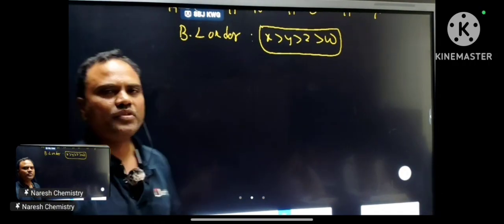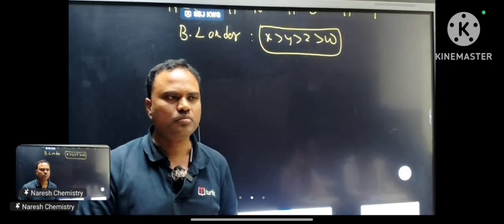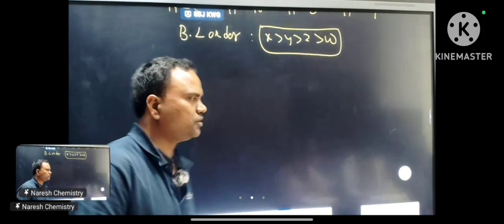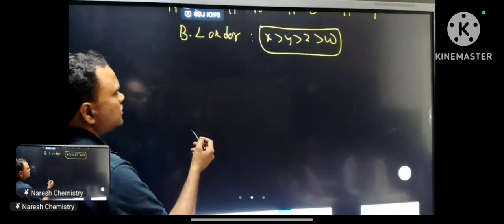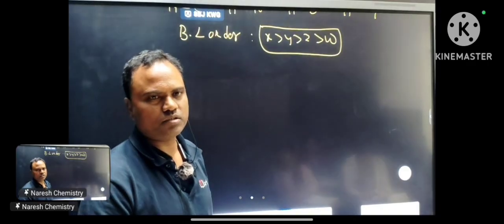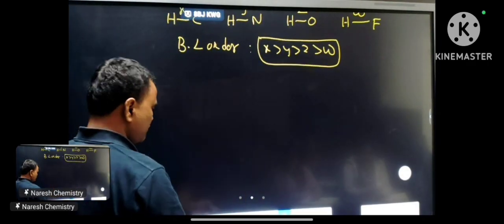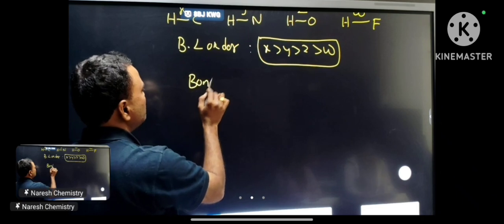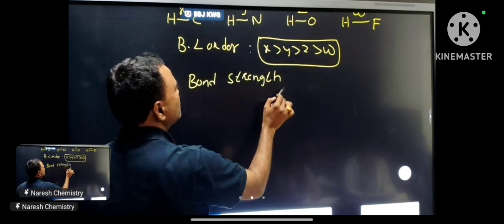Next, based on bond length, we can discuss another parameter, bond strength. This is very useful in the fifth A group elements. Just write it as a subtopic. I didn't give bond strength as a main heading, but you can keep it as a heading here. Nothing will happen. Bond strength, very, very important. If you know bond length, you can compare bond strength.